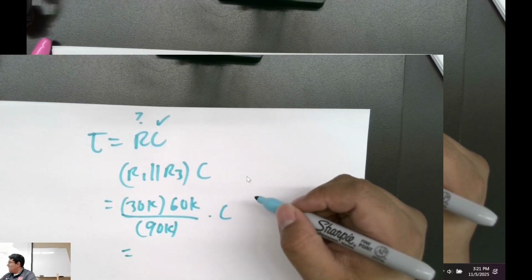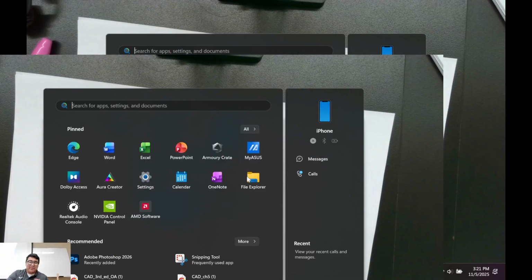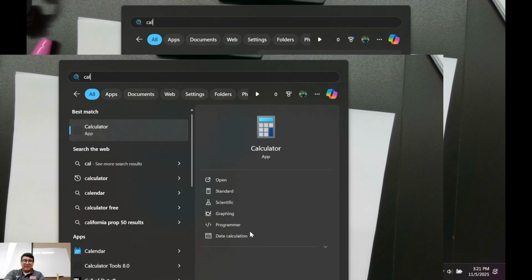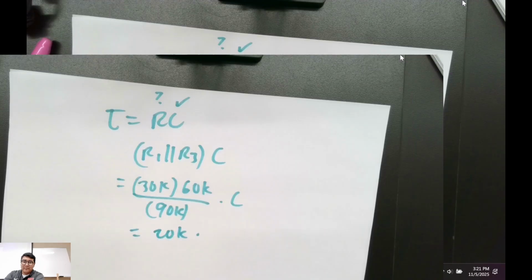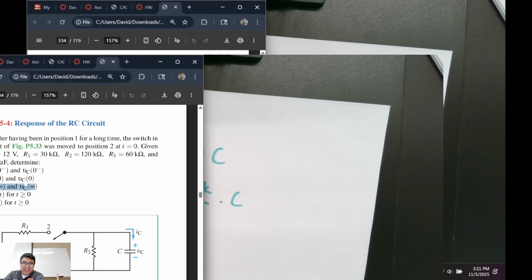I'm forgetting my numbers again. So 30 times 60 divided by 90, 20? 20K times what's our capacitor? Let's look at it. 100 micro.